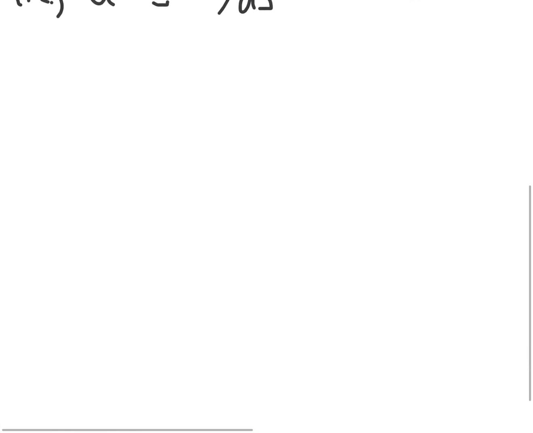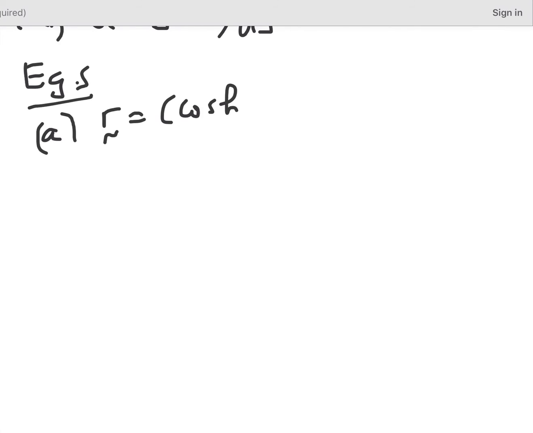In the first of these examples, suppose your vector r is given by hyperbolic cos t, root 3 hyperbolic sine t, and your z coordinate is simply t. So t is your parameter.